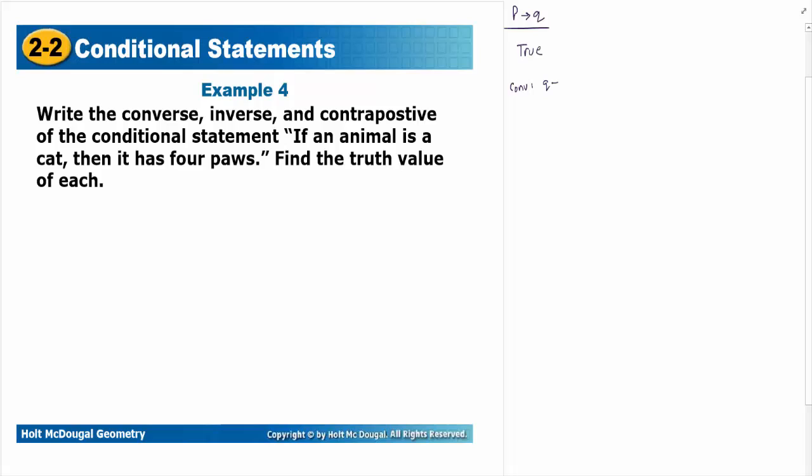Converse is if Q then P. So if, and again here we have an animal, if an animal has 4 paws, then, let's see, then it is a cat.